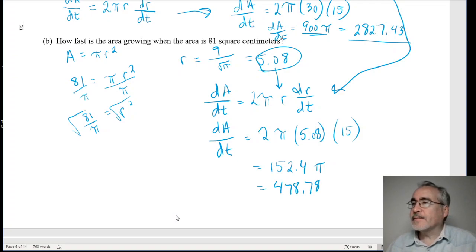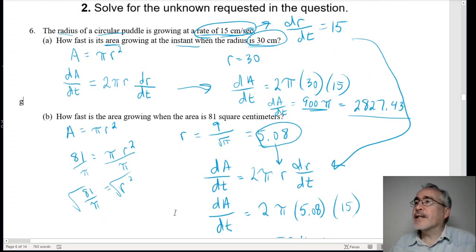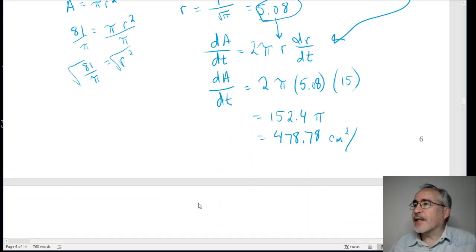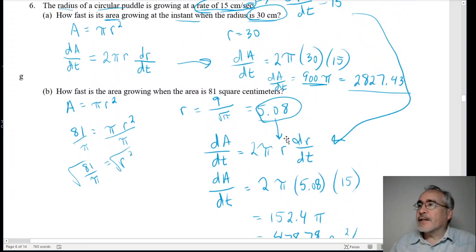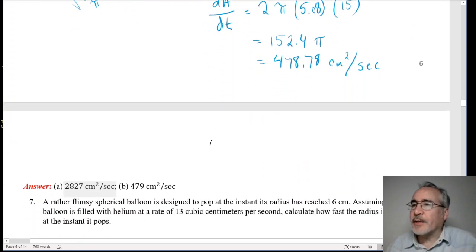Okay. And since it's area, the rate of change of area, it's going to be square centimeters per second, right? The units are centimeters squared per second. So the first answer was 2827, and they round it to no decimal places.